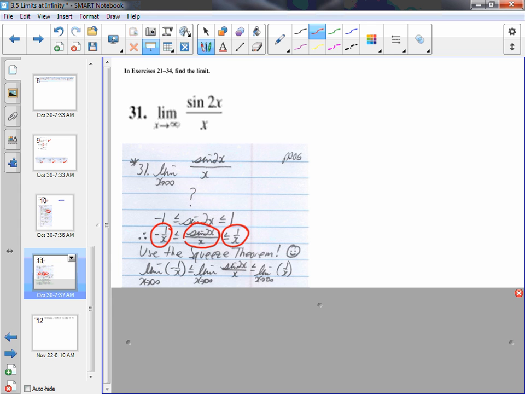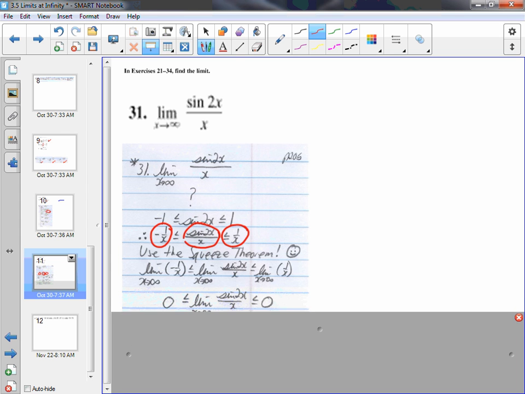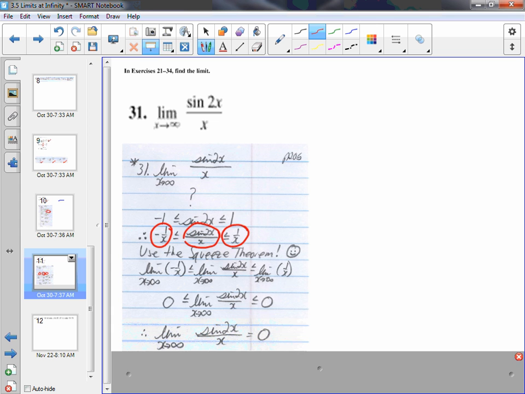So the limit of negative 1 over x and the limit of positive 1 over x as x approaches infinity is 0. Now the limit of the sine of 2x over x has to be greater than or equal to 0, and it has to be less than or equal to 0. What's the only thing it can possibly equal if it's greater than or equal to 0 and less than or equal to 0? 0.